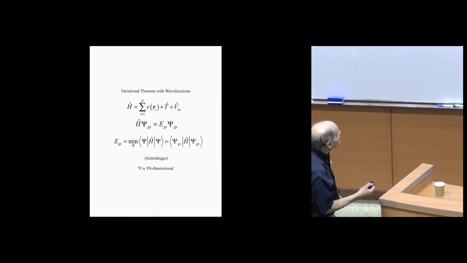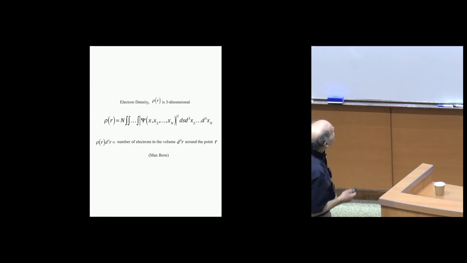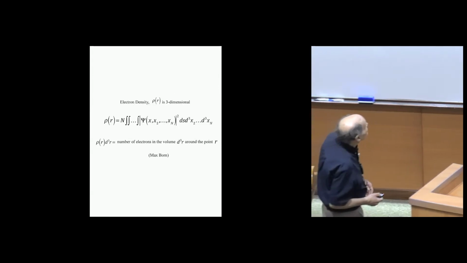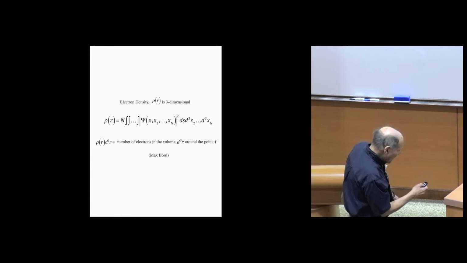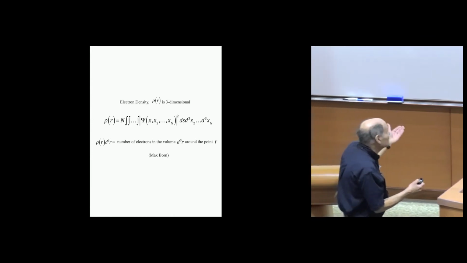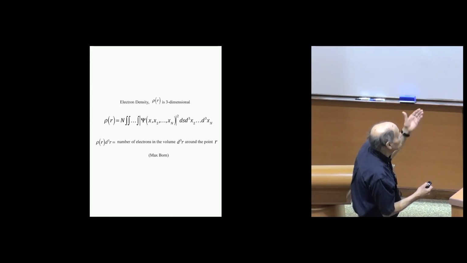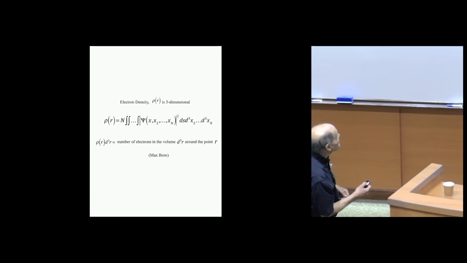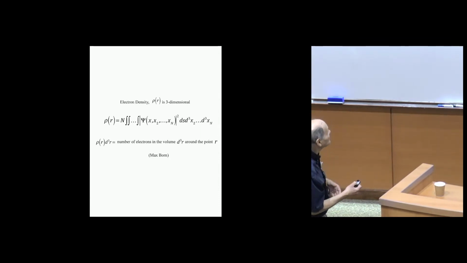Schrodinger in the middle 1920s, 3N dimensional, difficult. So we then have the electron density, which has only 3 dimensions. So if you know the functional, you could use the electron density, and we have wonderful approximations now, and they're getting better.